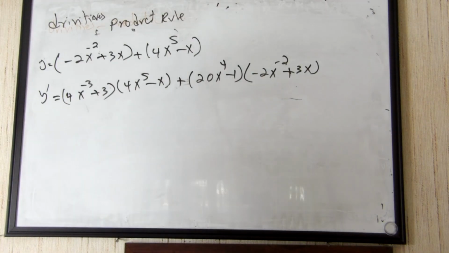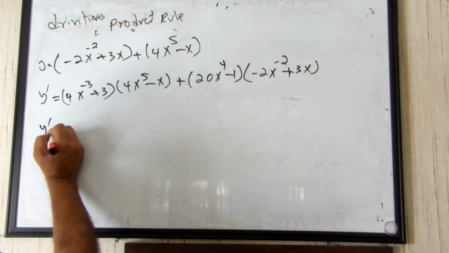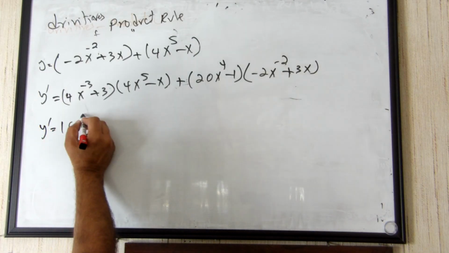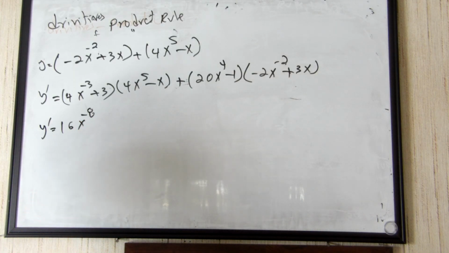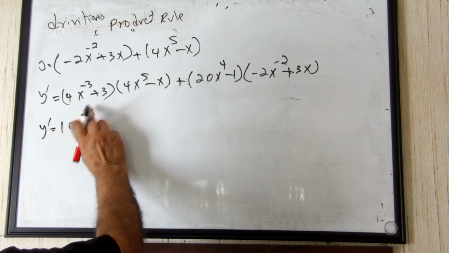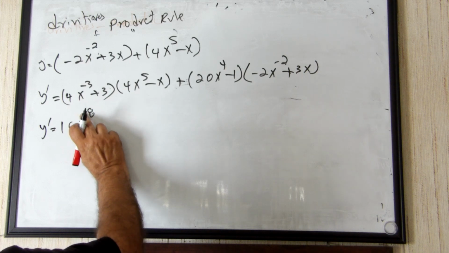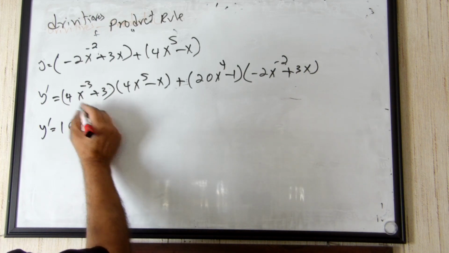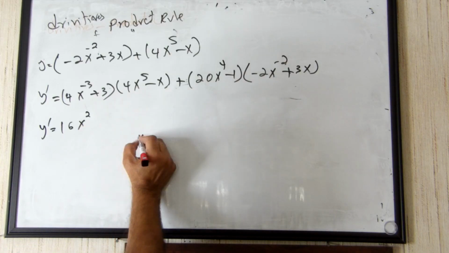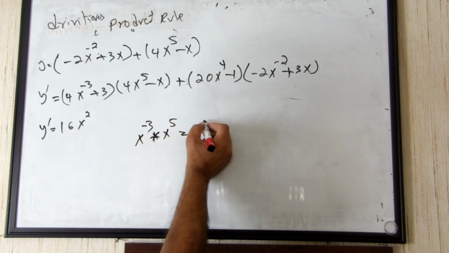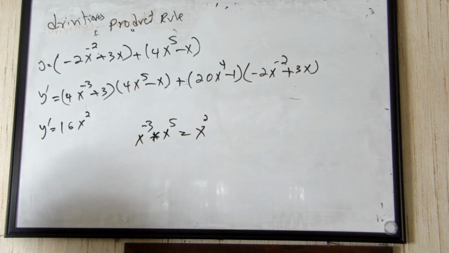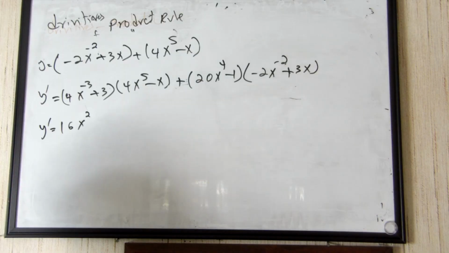Now we do the multiplication. This one: y prime is equal to 16x to the power of minus 3.